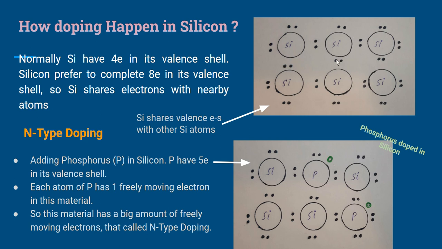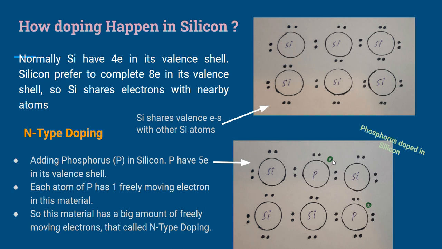Now we are going to add phosphorus to these silicon atoms, or dope them into silicon. Here you have to understand that phosphorus has 5 electrons in its valence shell, and silicon needs only 4. Where will the 5th electron go?